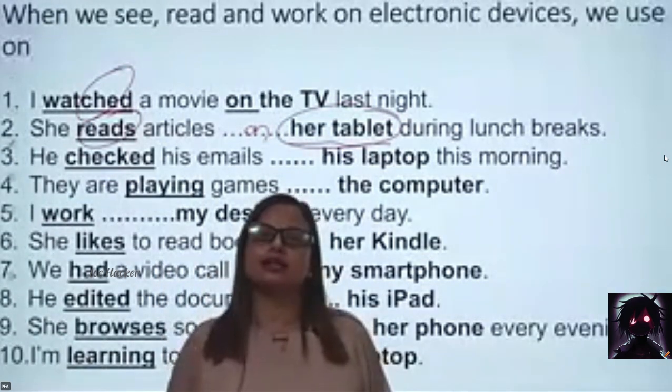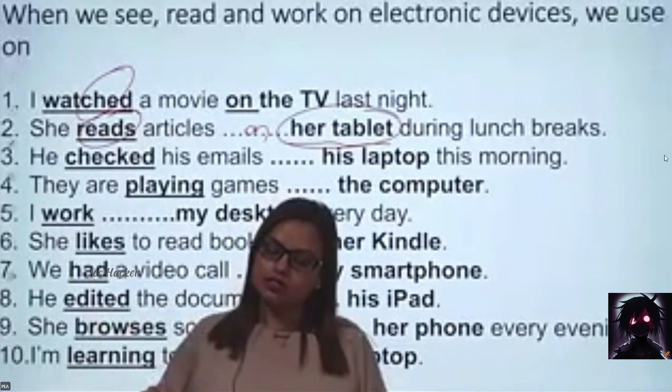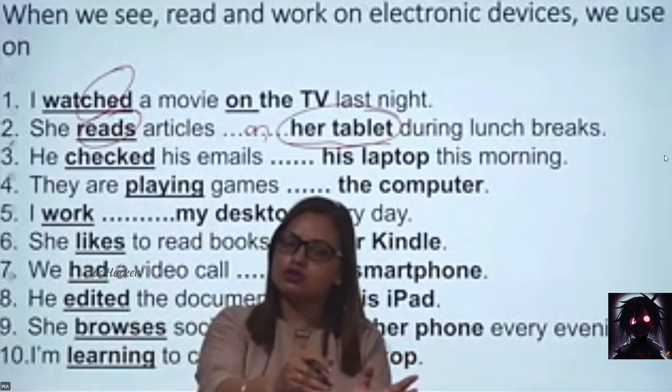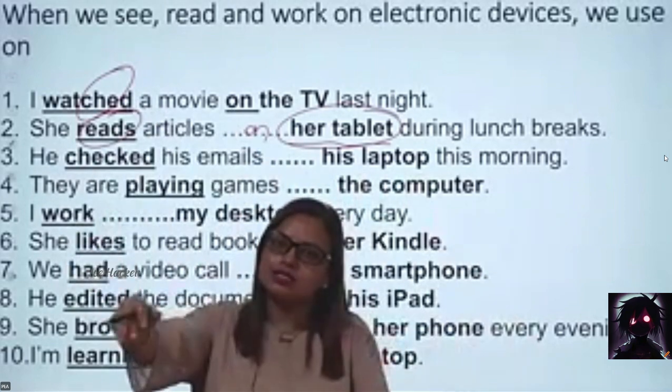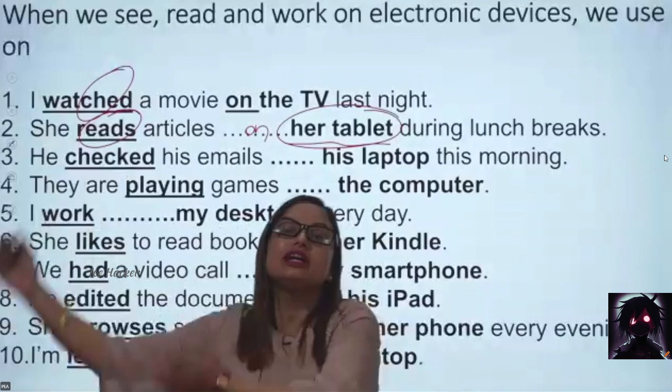There is not only the name of an electronic device, somebody is doing something on that. All those electronic devices are used as a means, as a medium of communication.